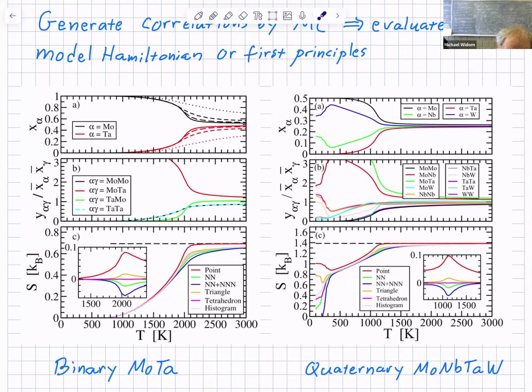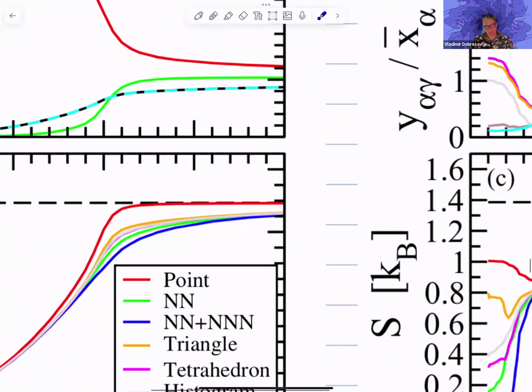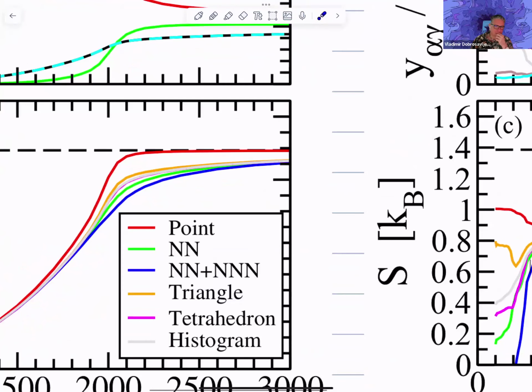But if we look at the entropy at the pair level, so the nearest neighbor pair is shown here in green. Notice how low the entropy is at the pair level.